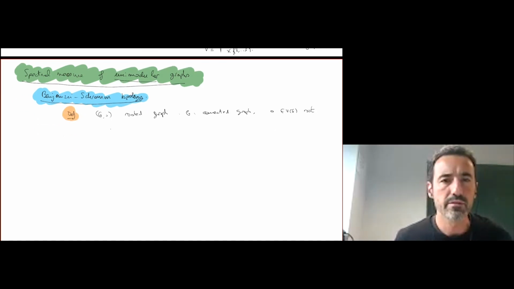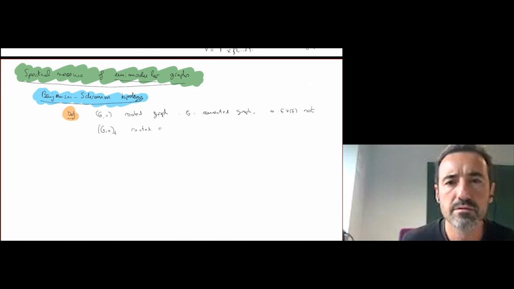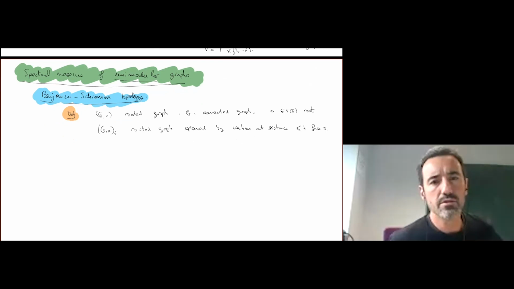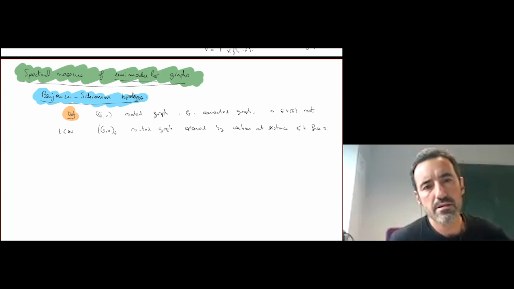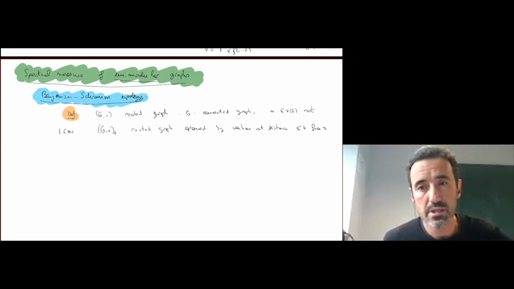The advantage of a rooted graph is that you can define G_O^t, the rooted graph spanned by vertices at distance less than or equal to t from O. For t an integer, it's the subgraph of your rooted graph where you only keep the vertices which are at distance at most t from the root.